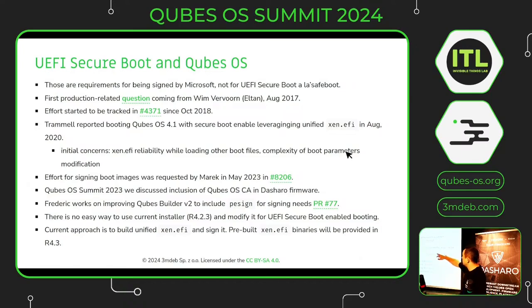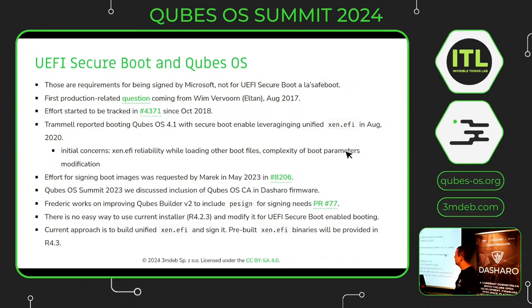Then there was issue 4371 in October 2018. There is also quite an interesting discussion there. Then Trammell reported on that issue that he booted Qubes OS 4.1 with secure boot enabled, leveraging unified Xen EFI. He also sent some patches which were merged, but I guess this was not everything because of the requirements.